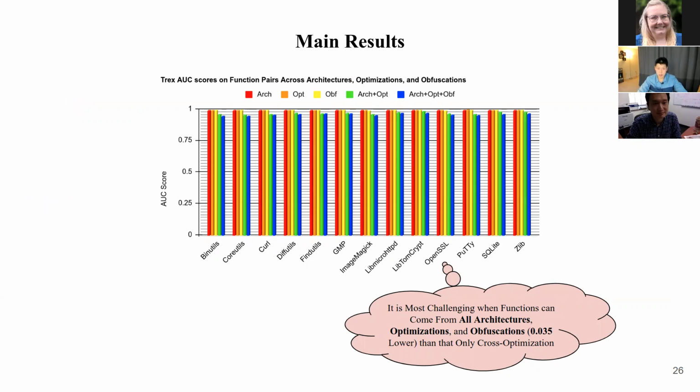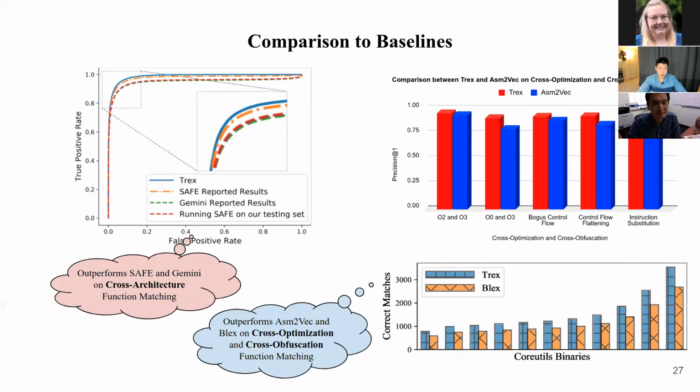And it is only 0.035 lower than when we compare functions from the same architecture, optimization, and obfuscation. And when compared to the baselines, we find that TRACES outperforms existing state-of-the-art machine learning-based models, which learn only on the static code. And it also outperforms the traditional dynamic analysis approach.